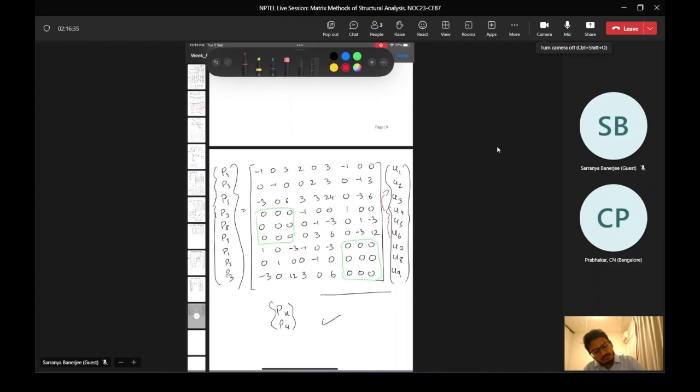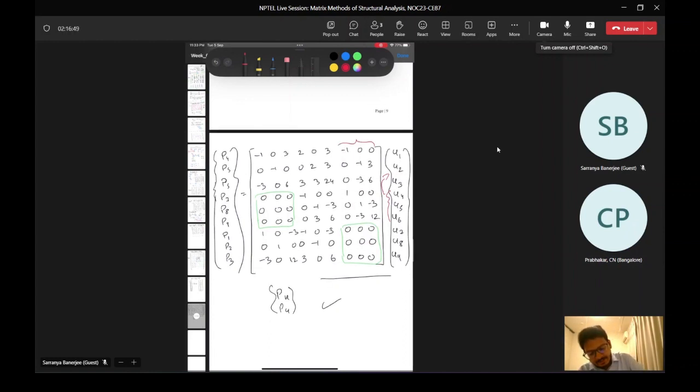So basically what we do here is we just pick this part up and we just drag it and place it here. Is it understood?